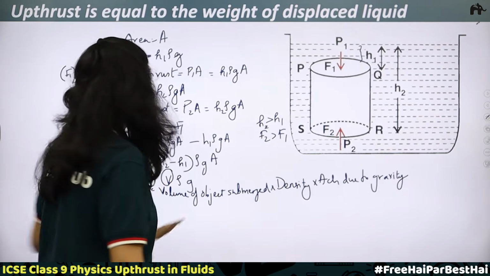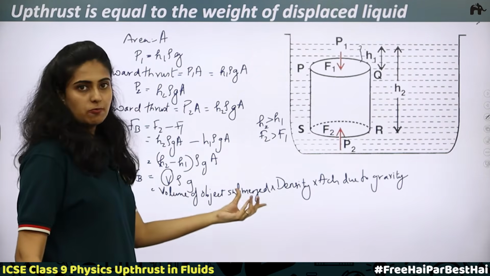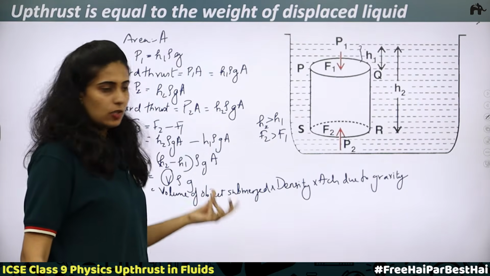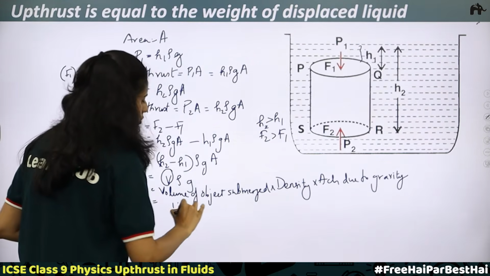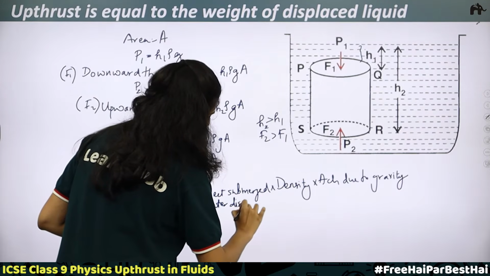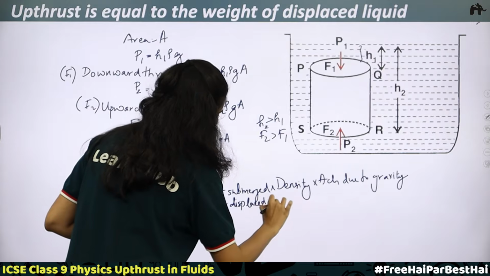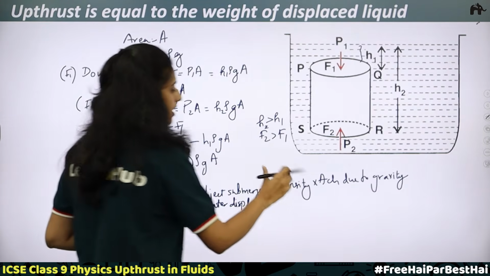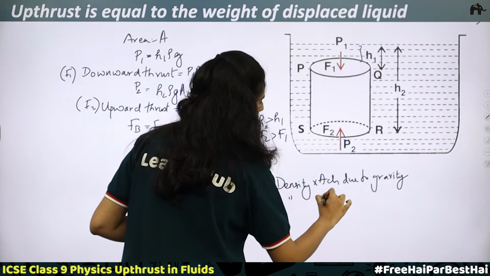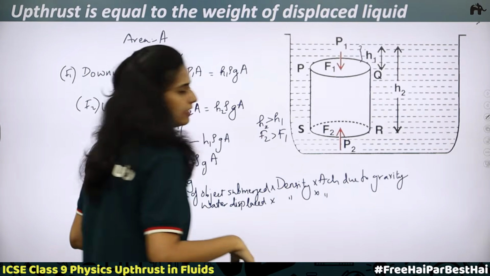This volume of object submerged is equal to the volume of water that will get displaced. So this is equal to volume of water displaced into density of the fluid into acceleration due to gravity.